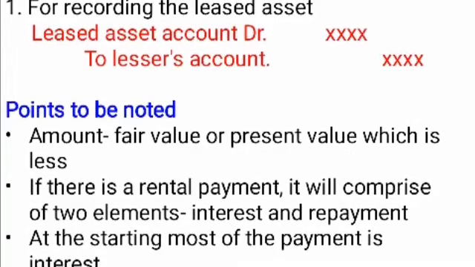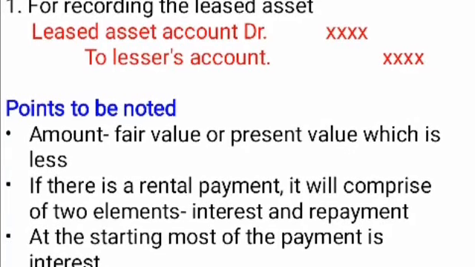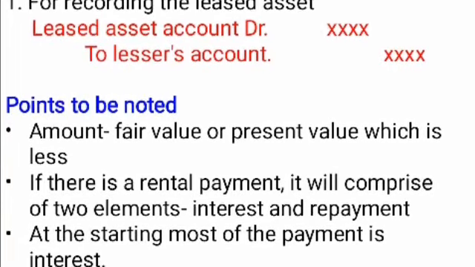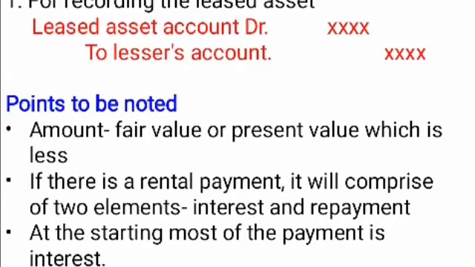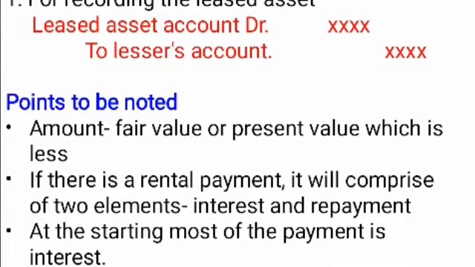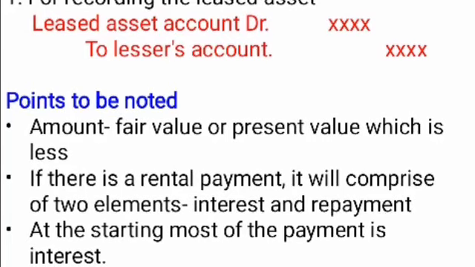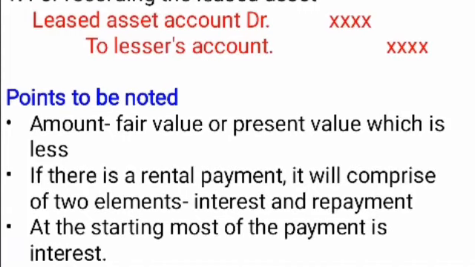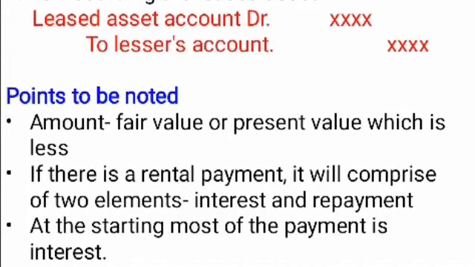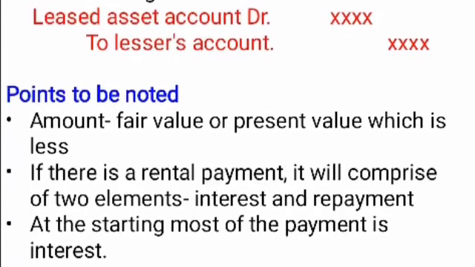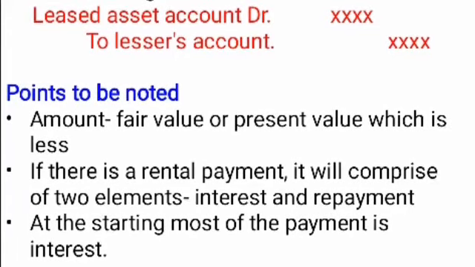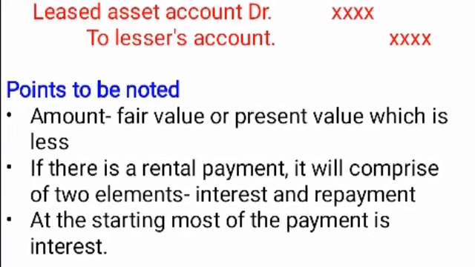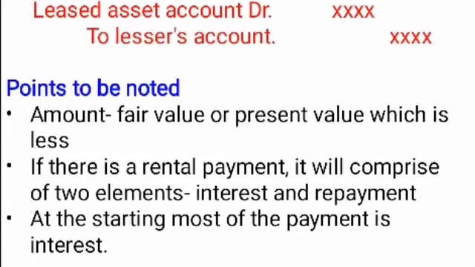While calculating the amount of periodic or yearly payment, we should calculate the percentage of interest and the amount of interest and repayment amount separately, and they should be shown separately. Most of the amount paid in the starting period goes to interest, and later the interest amount decreases and the repayment amount increases.